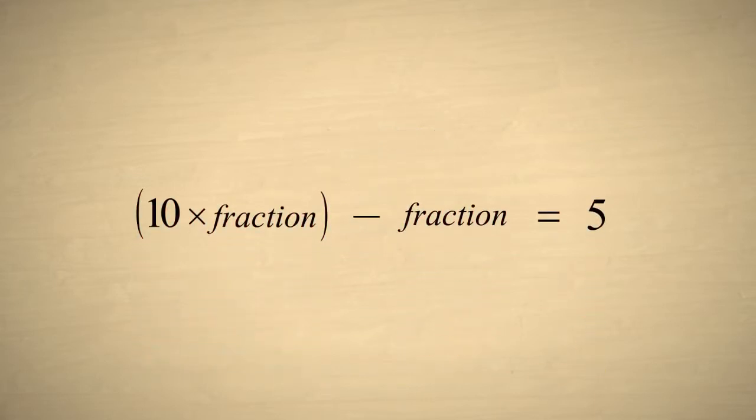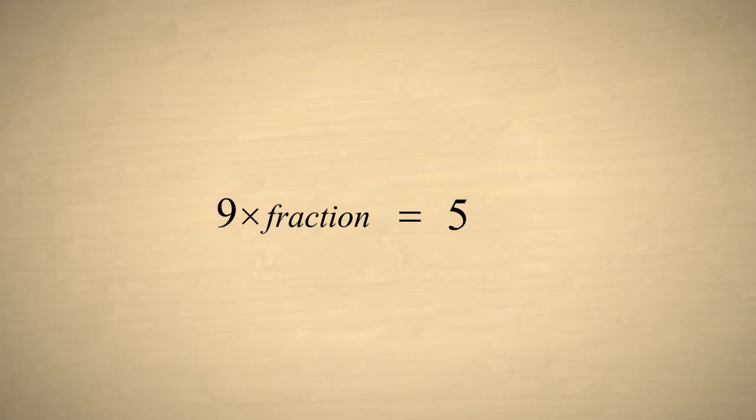It is possible to write this statement more simply. Subtracting one thing from 10 things leaves 9 things. So instead of writing 10 times the fraction minus the fraction, we can simply write 9 times the fraction. Since both sides of the equation are equal, we can divide each side by the same number and they will still be equal.